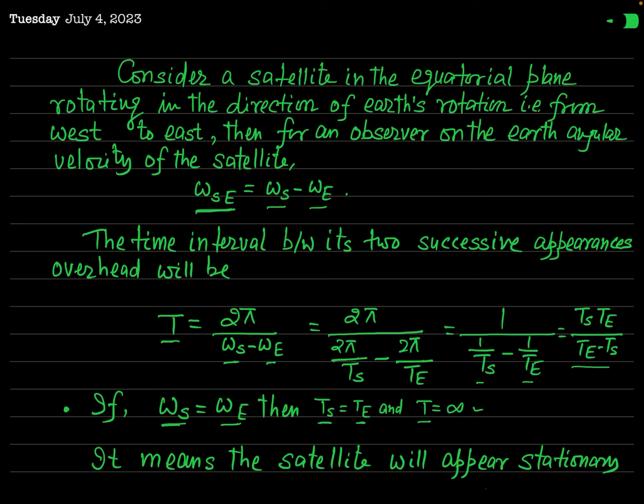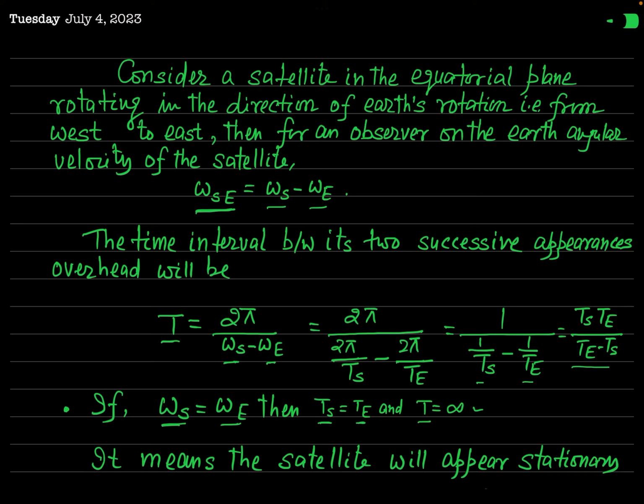And if time period T is infinity, what does it mean? It means the observer will see that the satellite is stationary at its point, because it will never complete a rotation or revolution.